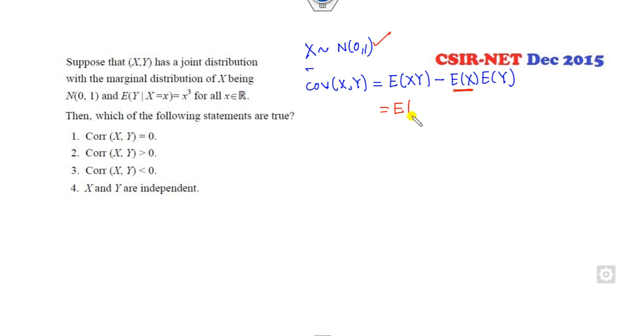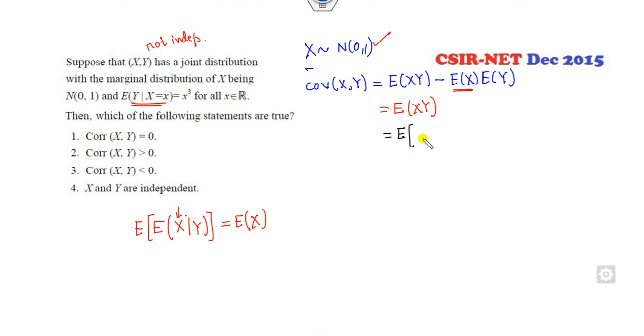Now how can you find it? Clearly it says they are not independent. Fine. And we all know the expected value of X condition Y. If I again apply the expected value, it is my expected value of the first quantity. Now I can use the same concept. Here Y is my dependent, so I can write this value. How can you write this value?